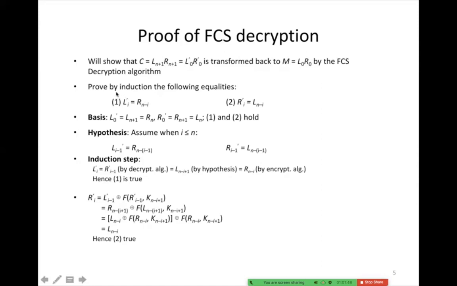We'll prove this by mathematical induction, and these are the equalities we want to prove.